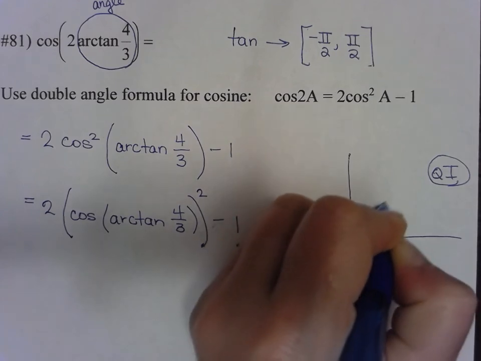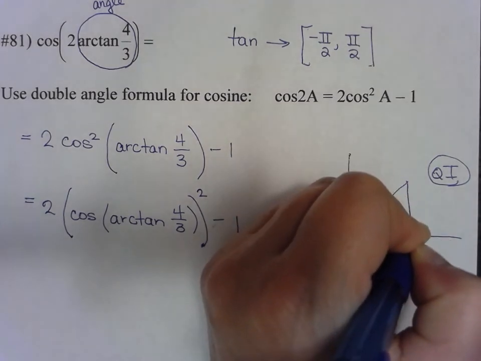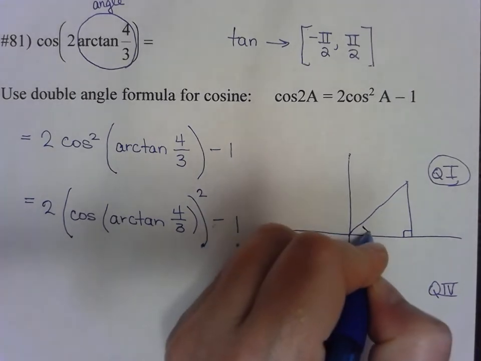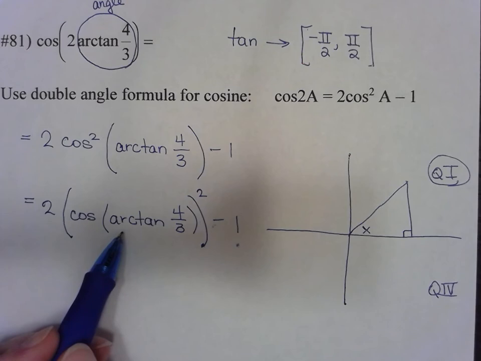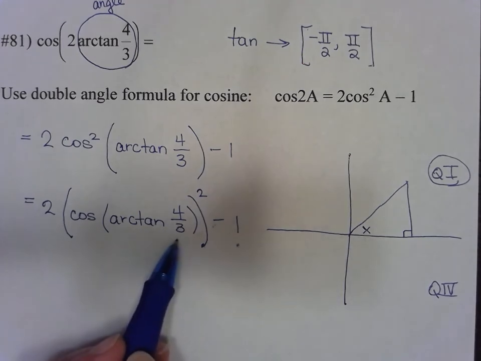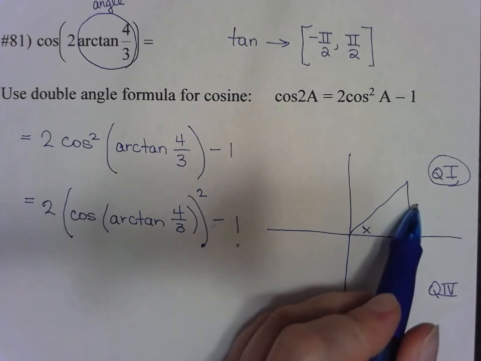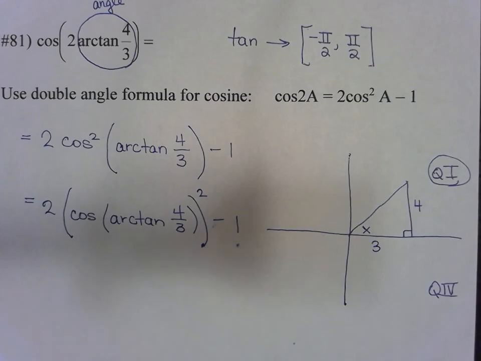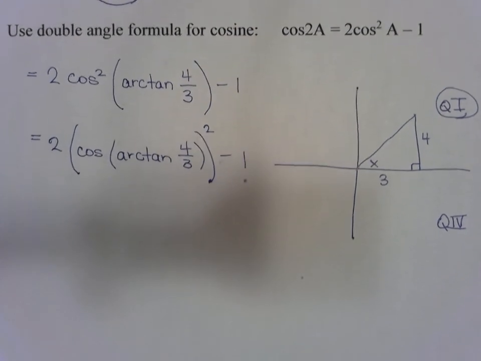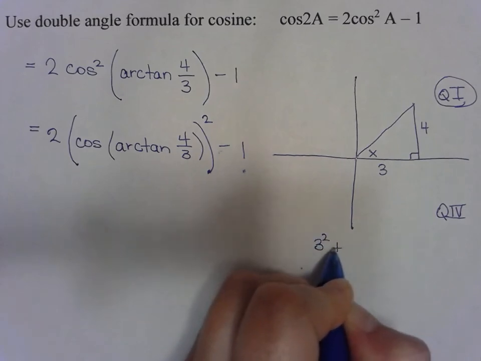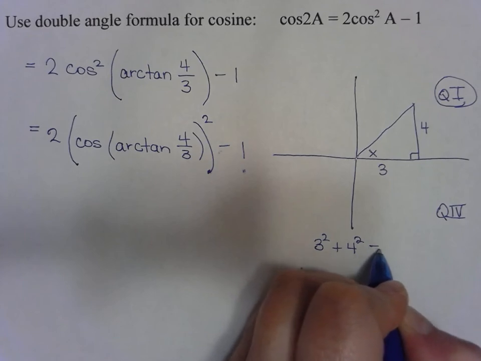So if we draw a triangle, let's call the angle x, just to have something to name it. The tangent of that angle x is 4/3. So that means that the opposite over the adjacent is 4/3. And we want to find the cosine of that angle. So again, if you need to, this one is a Pythagorean triple.